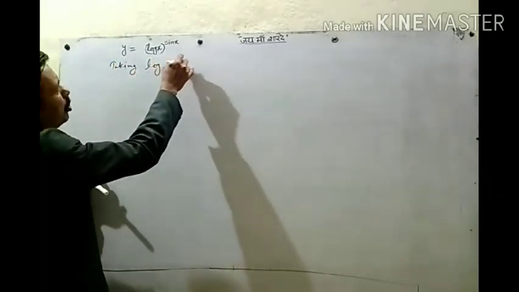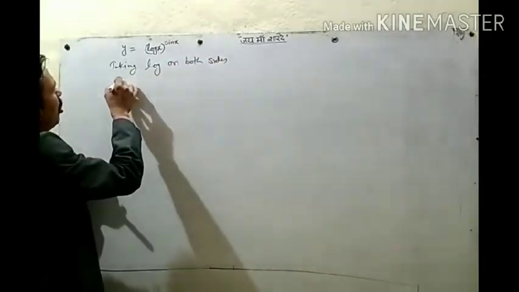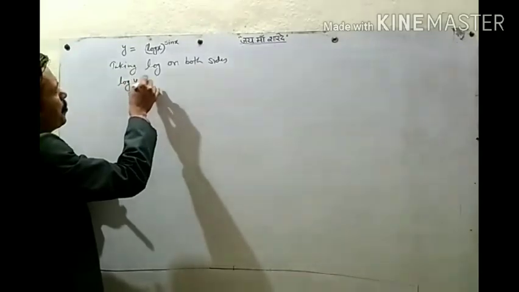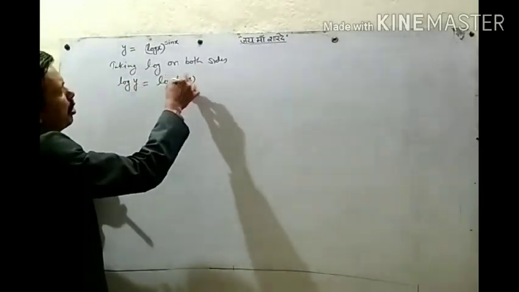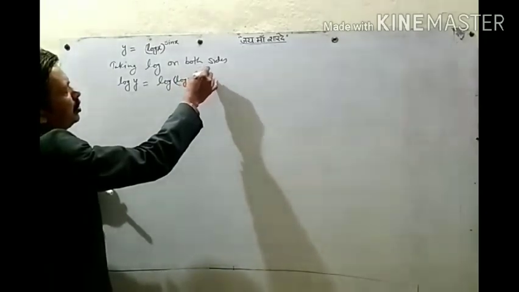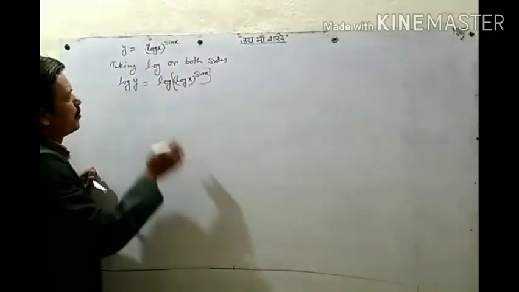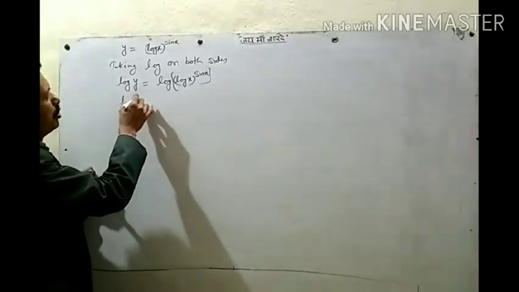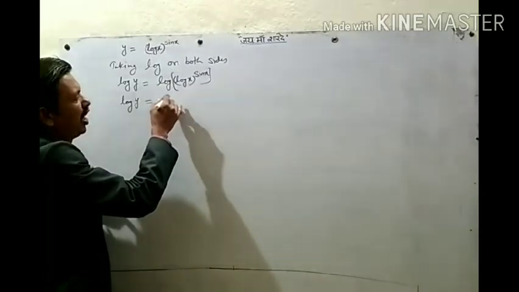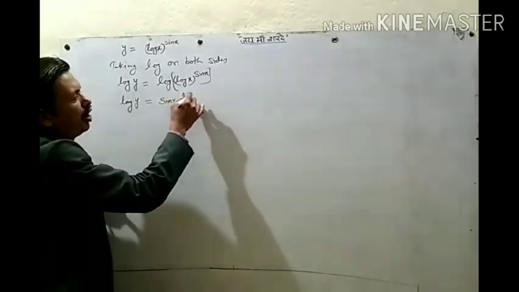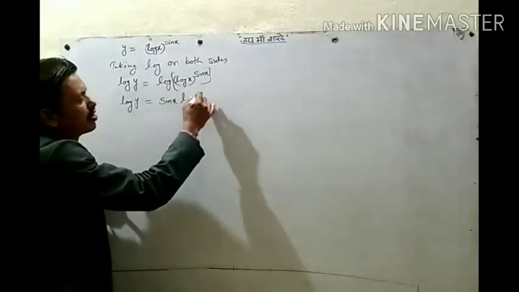Taking log on both sides, we get log of y is equal to log of log x to the power sin x. So log y is equal to, now log of m to the power n is n log m, so sin x into log of log x.